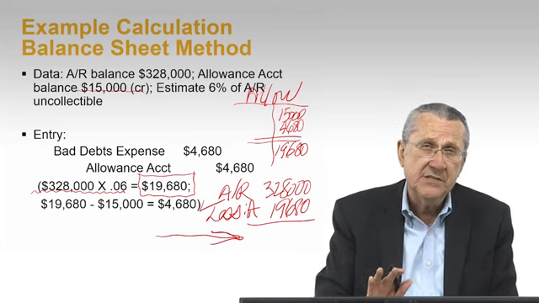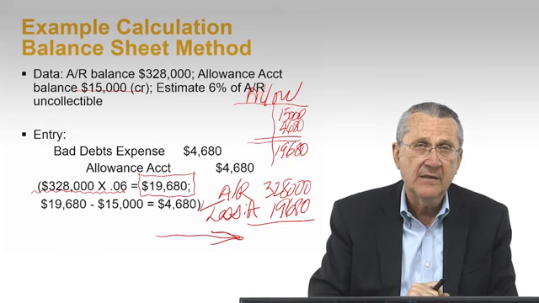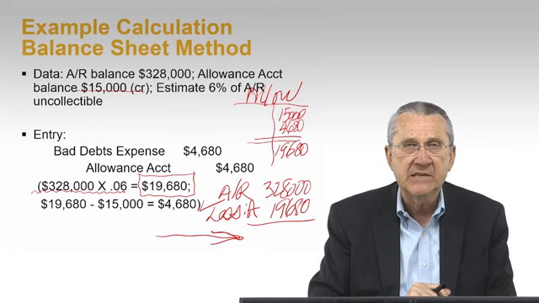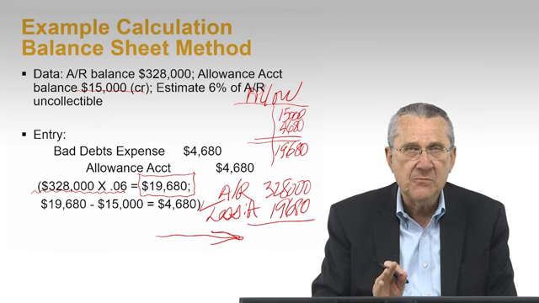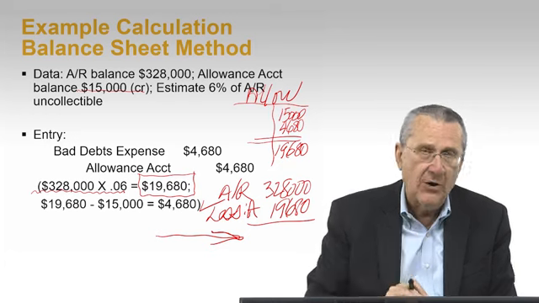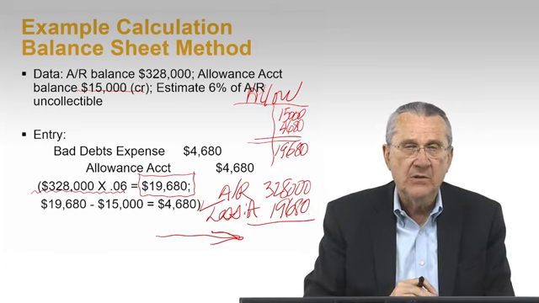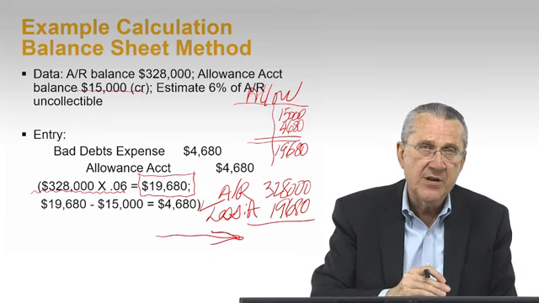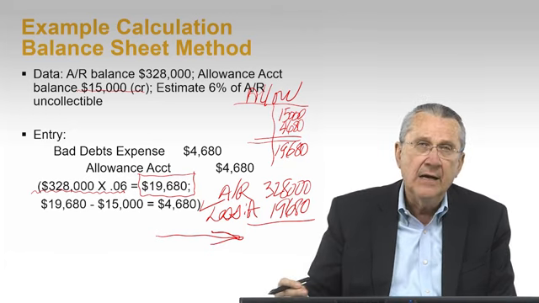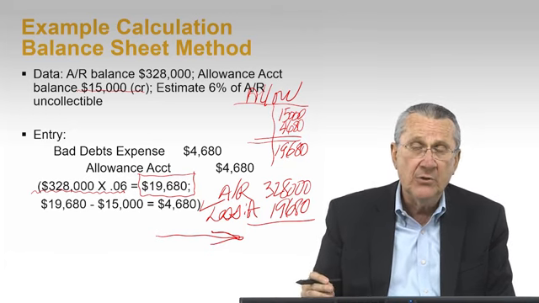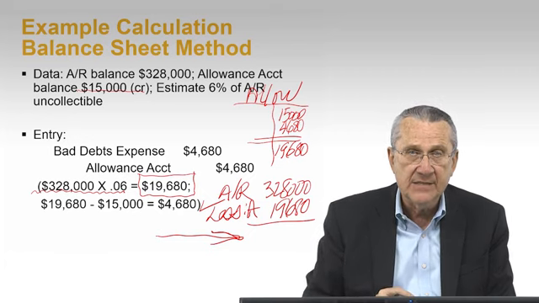And the rule is that we want, from a balance sheet perspective, to report our accounts receivable in the amount we expect to collect. Now remember, accounts receivable are current assets, and they're designed to give us a measure, definitionally, of the amount of resources that are available to pay off current liabilities.